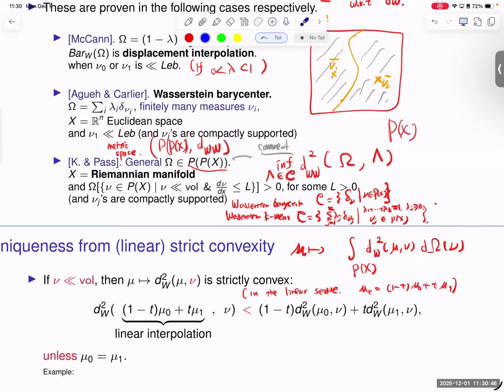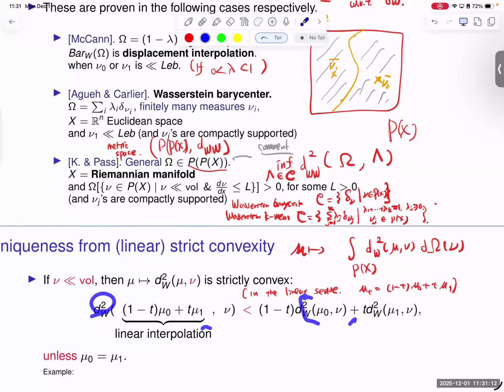Why do we have such a property? First of all, maybe I should ask, why do you have even convexity in this sense? Triangle inequality? No, this is not the triangle inequality.